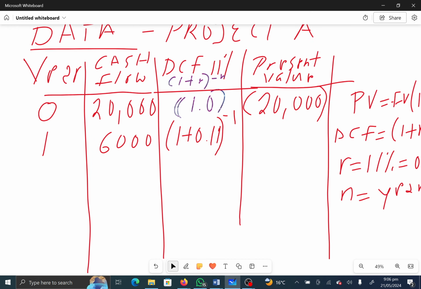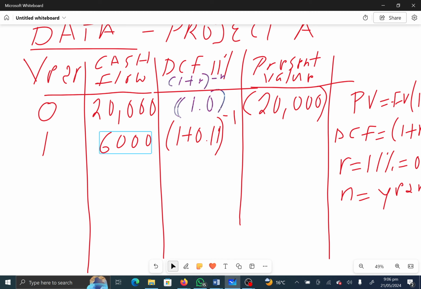Then you multiply. We first start with what is in the bracket: 1 plus 0.11 gives you 1.11.